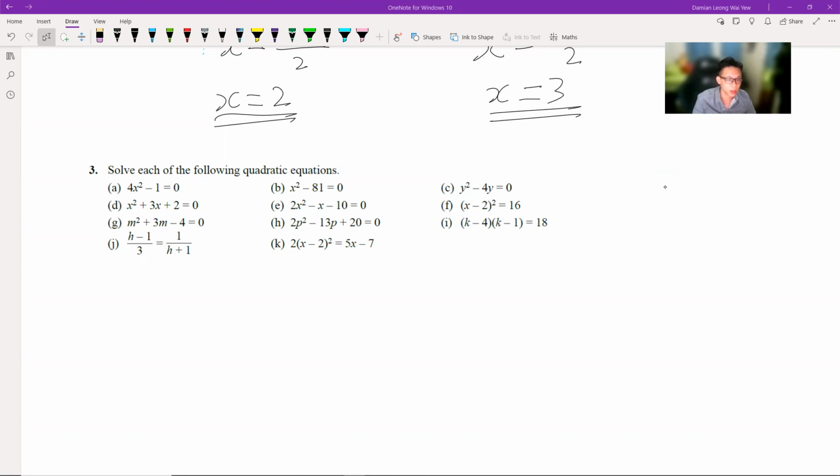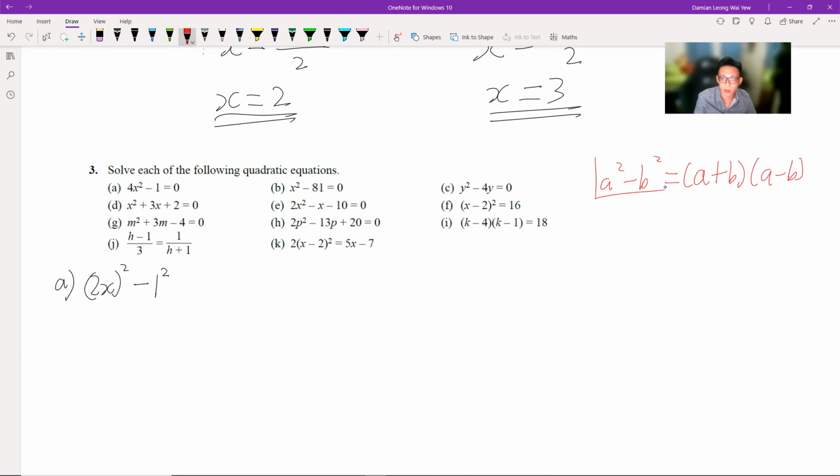What I can do here is change the 4x squared into (2x) squared. 1 is the same as 1 squared. Now, do you recognize this form? This form is a squared minus b squared, which factorizes into (a plus b)(a minus b).